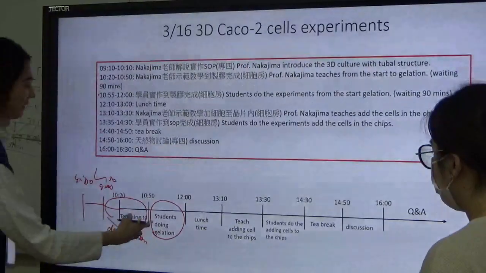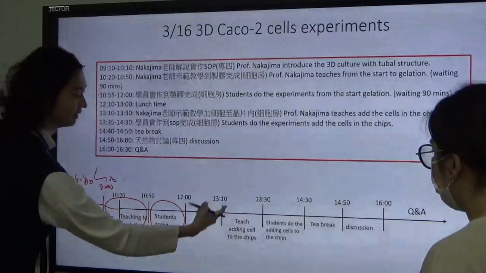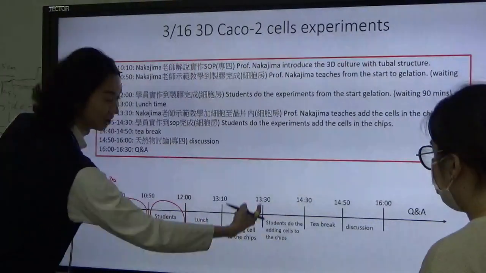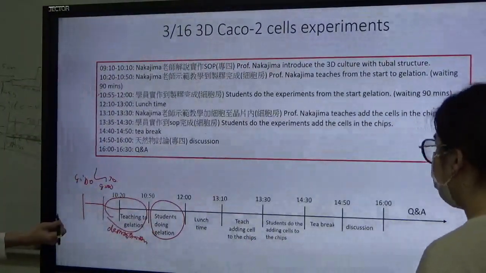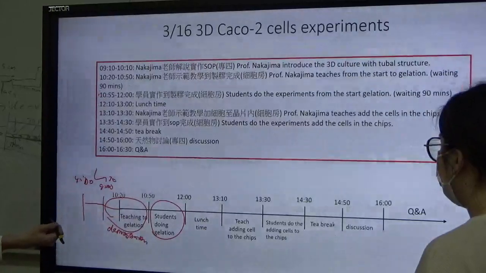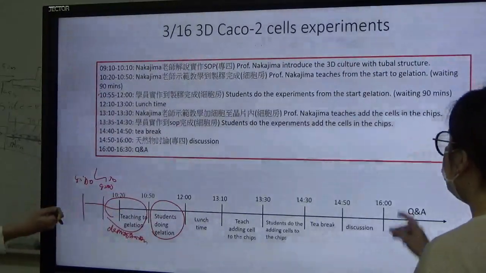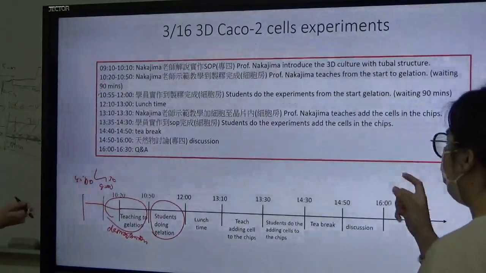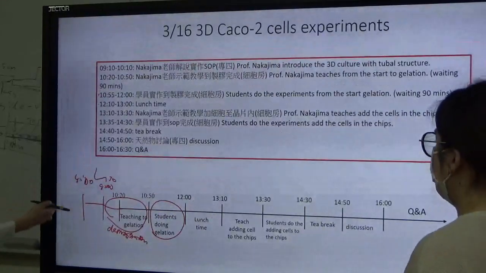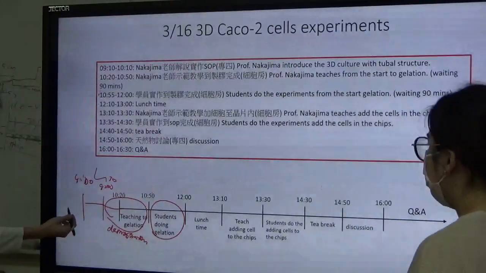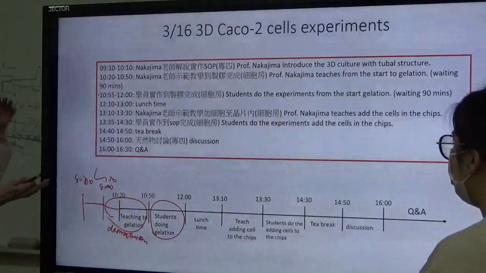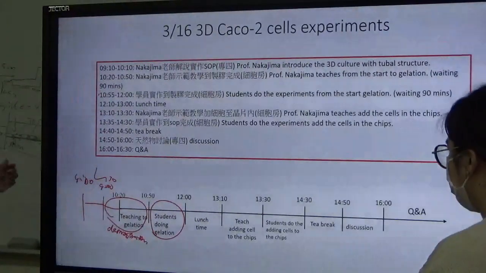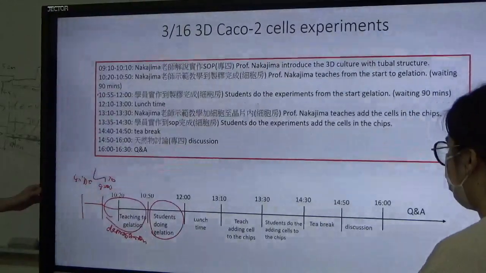This is okay for me. This is a little bit of a change, it's okay. Your arrangement of the time schedule is good, perfect for me.